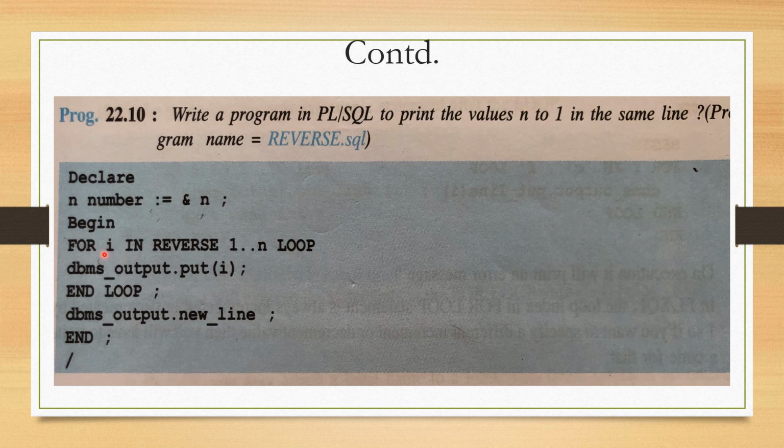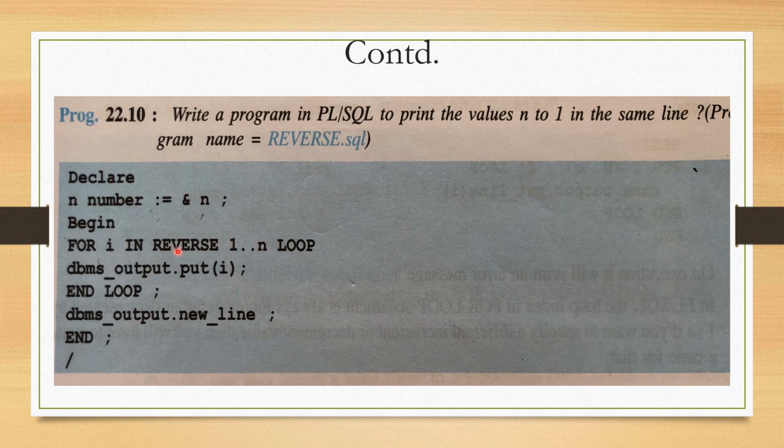For keyword, then i is a counter variable, and then the in keyword, and now we are using reverse because we want to display the values from n to 1, that is in reverse order. And here we are using the initial value, that is 1, and then the range operator and then n. But now this loop will be executed from n to 1 in reverse order.